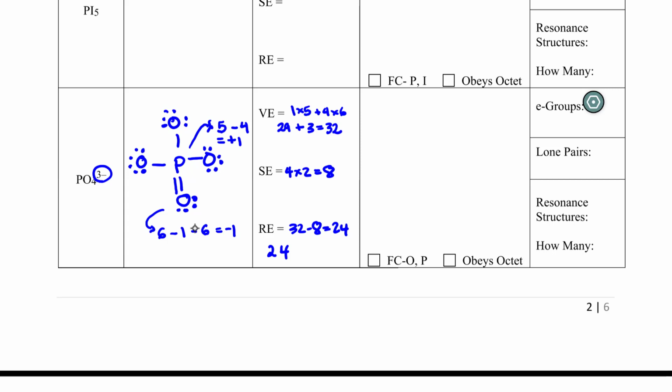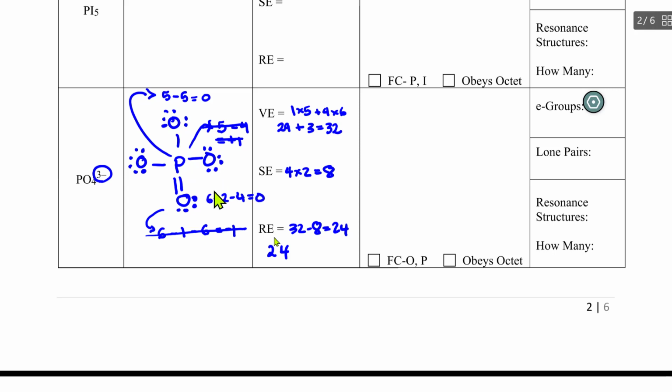So now we have to recalculate the formal charge, and so we'll put a line through it like this. And so phosphorus, this is going to be 5 minus, and then 1, 2, 3, 4, 5 bonds, minus 5, that's 0. And then for the oxygen, it's 6 minus 2 minus 4, that's also 0.